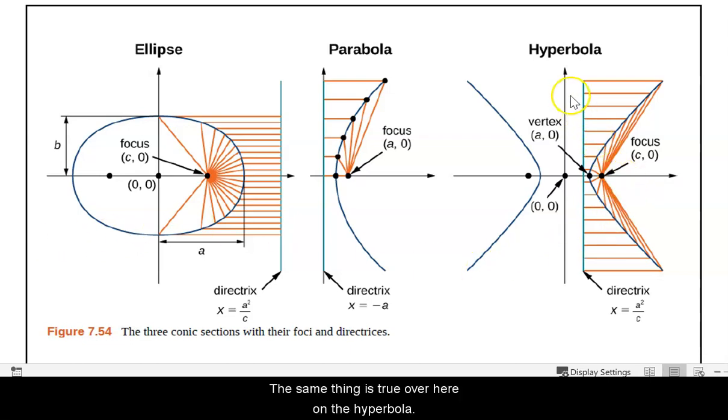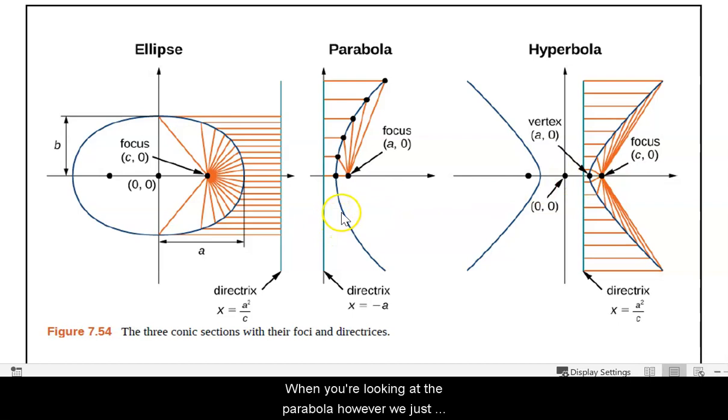The same thing is true over here on the hyperbola. However, the distance between the center and the directrix line is always the magnitude of a squared divided by c. a is the distance from the center to the edge on an ellipse, the major axis. It is the distance from the center of a hyperbola to the vertex on the hyperbola.